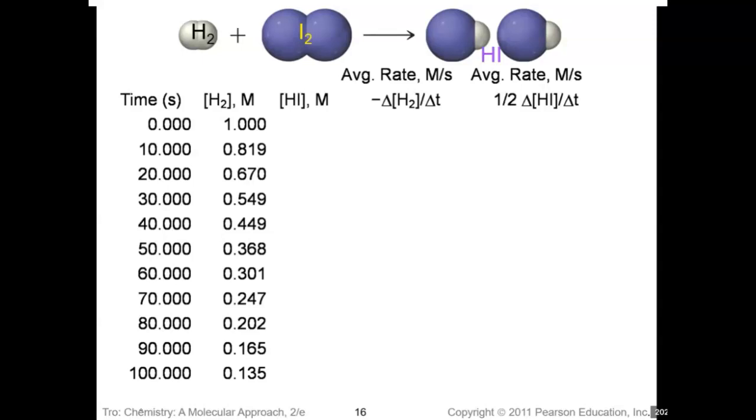Assuming a 1 liter container at 10 seconds, so here's our time, 10 to 0, we used 1.81 moles of H2, right? So we started, and this again is going to be where you're going to prove this with the calculator so you understand what I'm doing here. We started with 1 molarity, and after 10 seconds, we had 0.89. So 1 minus, actually we should do it the other way to be technical because it's a reactant.